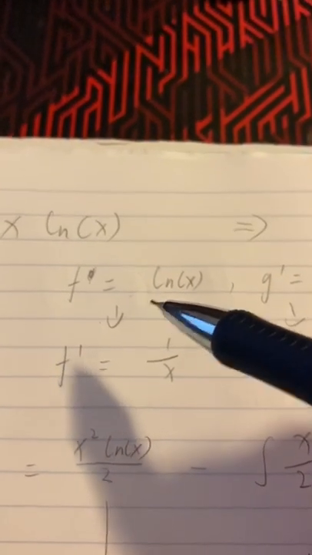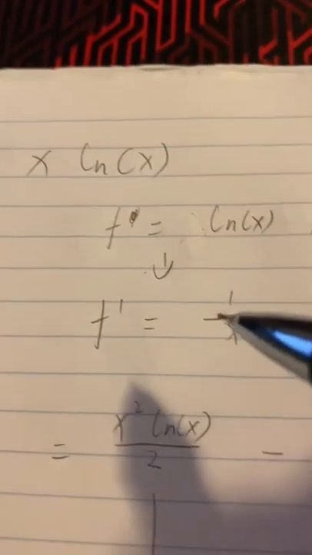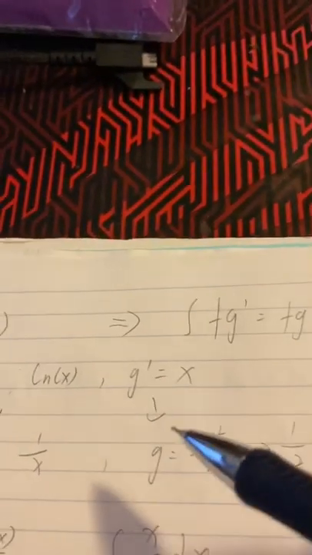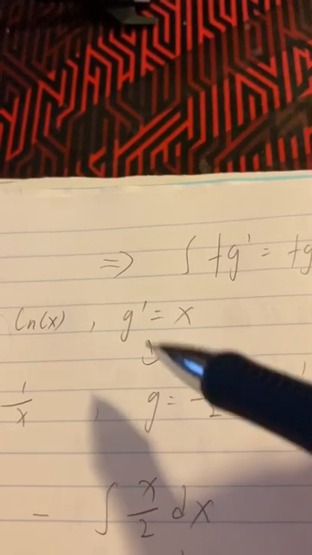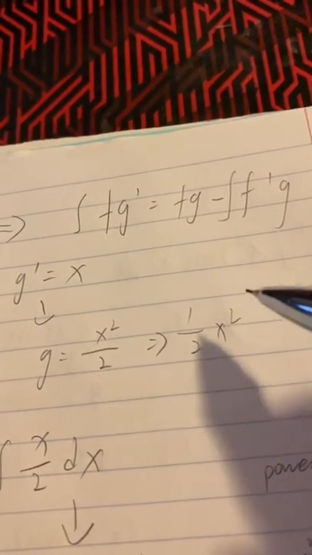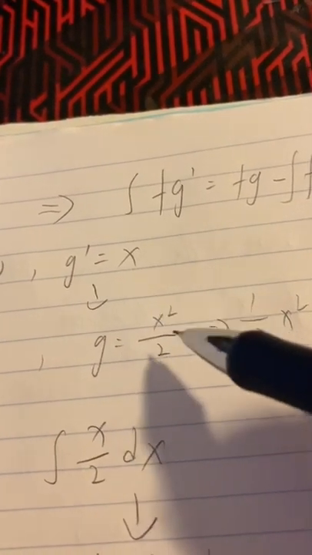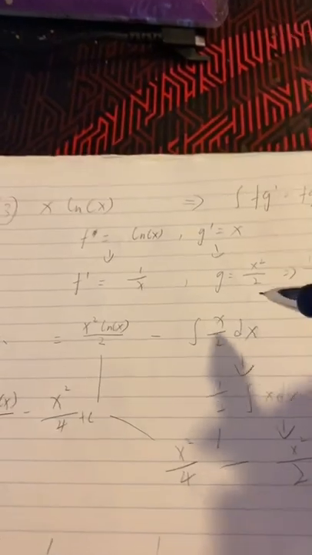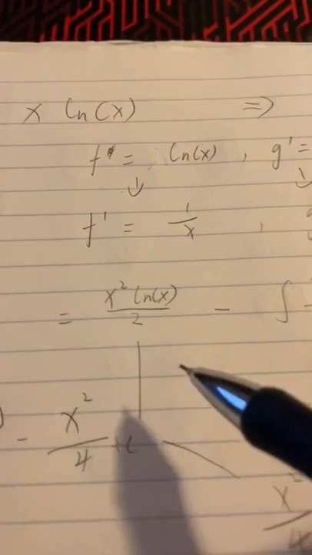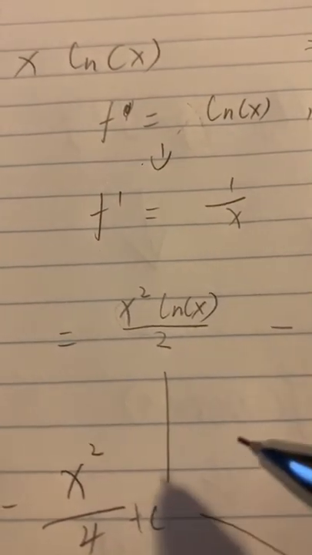For f, I choose ln x, because f's derivative is 1 over x, and for g derivative I choose x, so the original g is 1 over 2 x squared, which I simplify as x squared over 2. Putting everything in the formula, we get x squared ln x over 2.